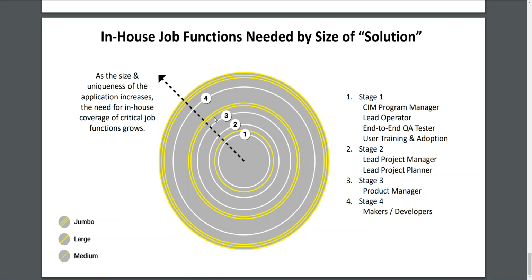When you get into stage 3, as you get more unique, you have to get someone with product management capabilities, capacity, and the ability to do the job. And in stage 4, if you're doing and maintaining customizations, it starts making sense to have the developers or makers in-house, because you have such a steady stream of labor going into those things that you need platform capabilities and in-house labor, where you're paying wholesale for labor instead of retail.